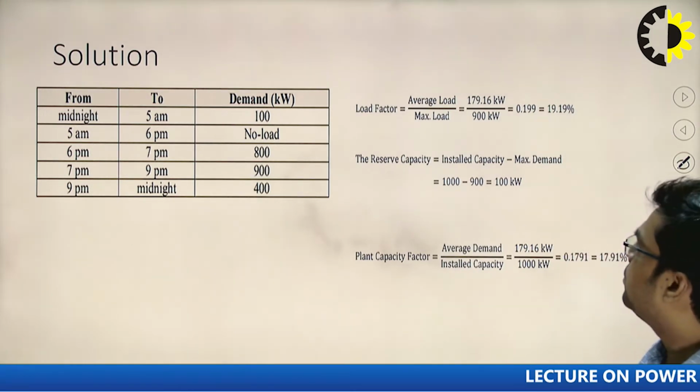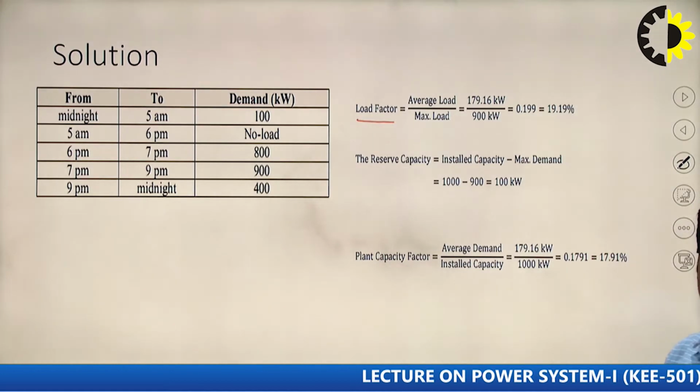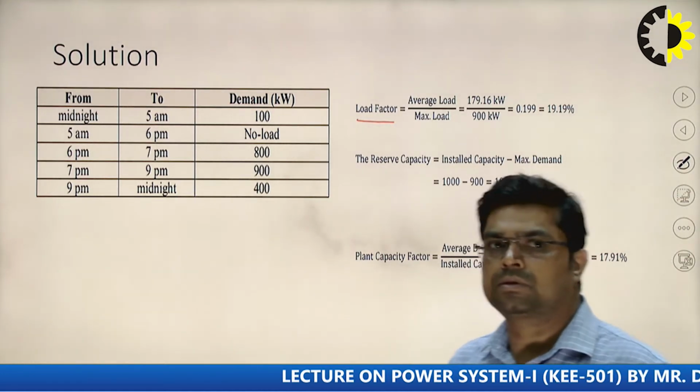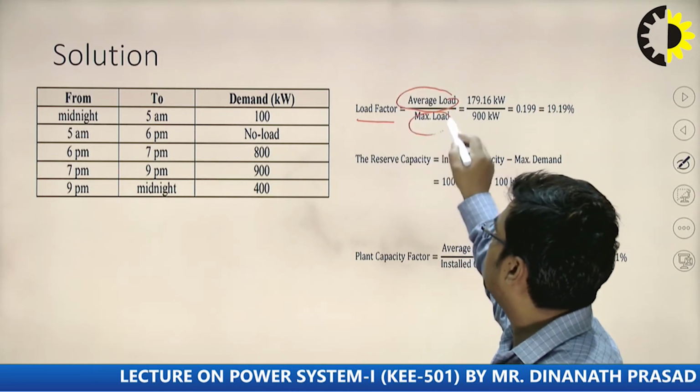Now we have to calculate the load factor. How to calculate the load factor? We have already discussed it. First of all we have to know the average load and the maximum load.